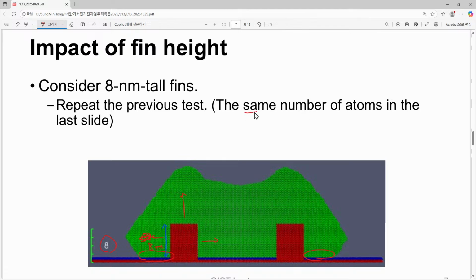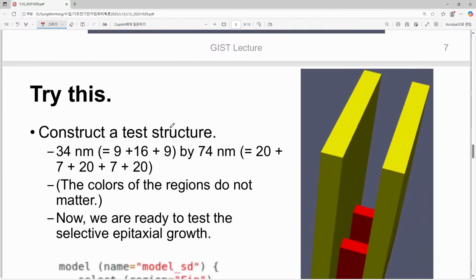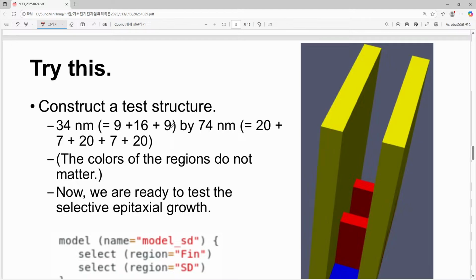The same number of atoms as used in the last slide was considered, but its profile is so much different. So details are important in our simulation. Please be careful.